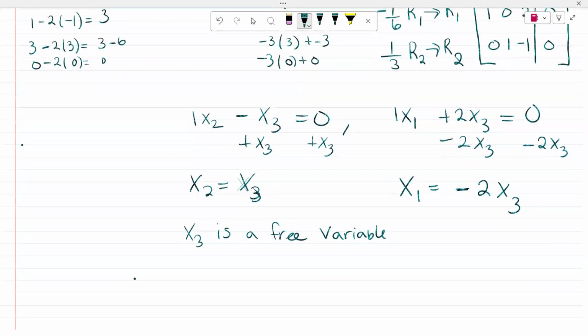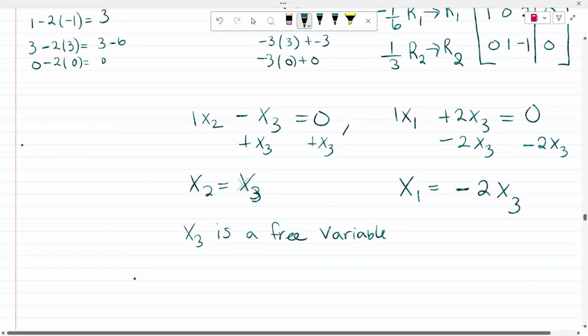So the answer for this one is you have more than one solution, it is infinitely many. Yep, the solution is infinitely many.